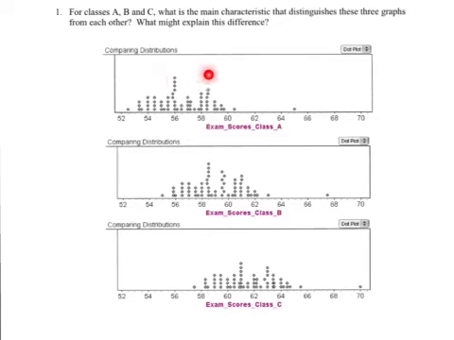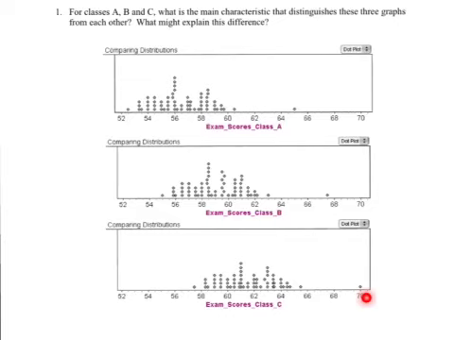The shapes look fairly similar. We've got kind of a bell-shaped curve going on, but a little maybe concern about another mode over here. But that's happening in this shape as well in exam scores for Class B, and it's also happening over here. Notice all three of these classes have an outlier, one student who performed significantly better than the rest of the class.